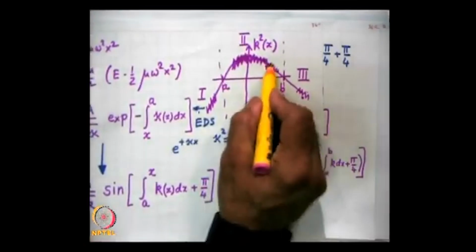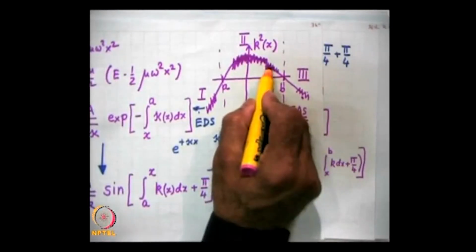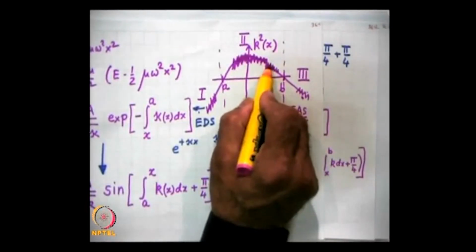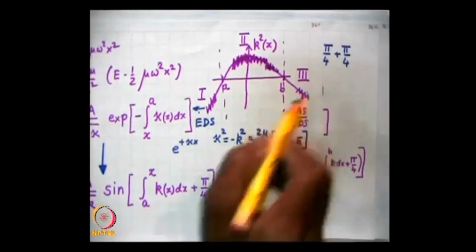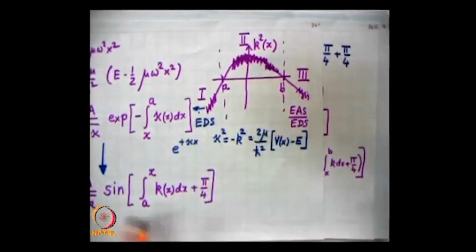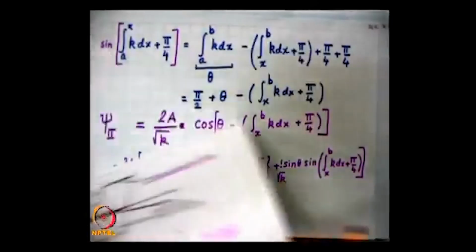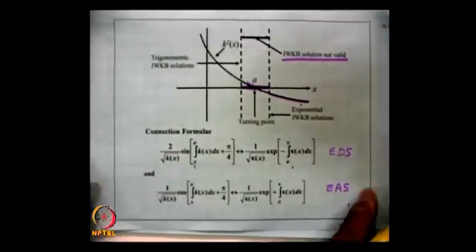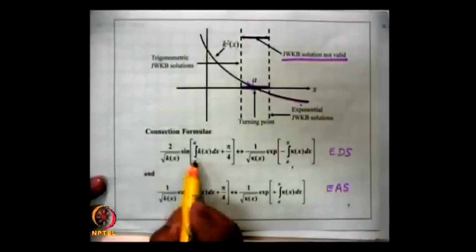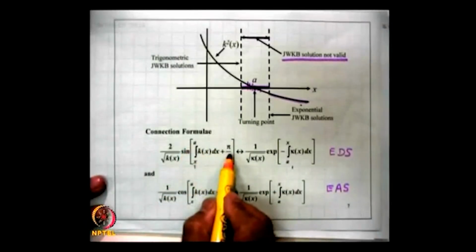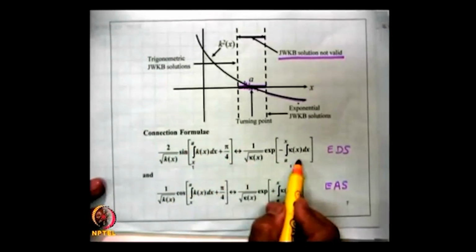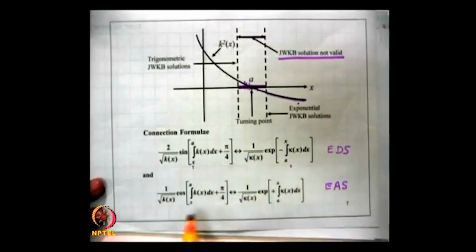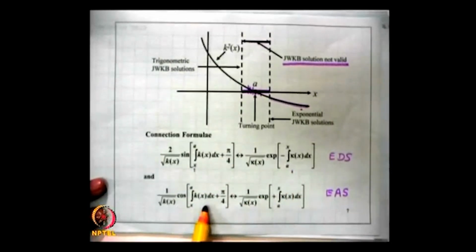So, I have now the solutions here, and now I must use the connection formulae to go from here to here, and I have those connection formulae. The sine term, x to a plus pi by 4, goes over to an exponentially decaying solution, and the cos term goes over to an exponentially amplifying solution.